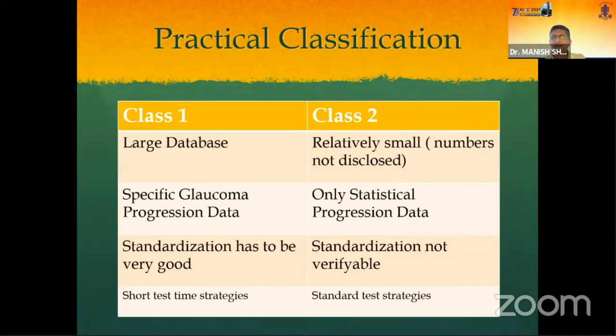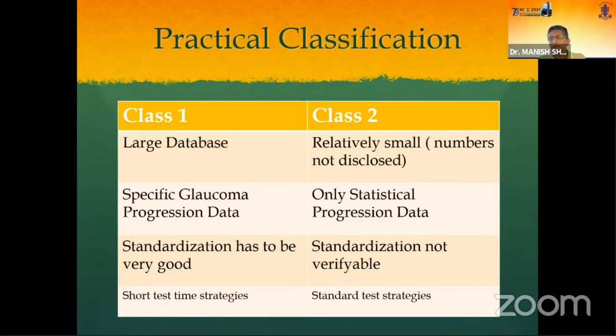The class 2 perimeters are the ones which have relatively small numbers. Many times, when you go to buy the perimeter and ask them, what is the size of your database? How many patients were tested? Where were they tested? What was the classification? Were they glaucoma patients, normal patients, or general patients? They are not able to give you that data.